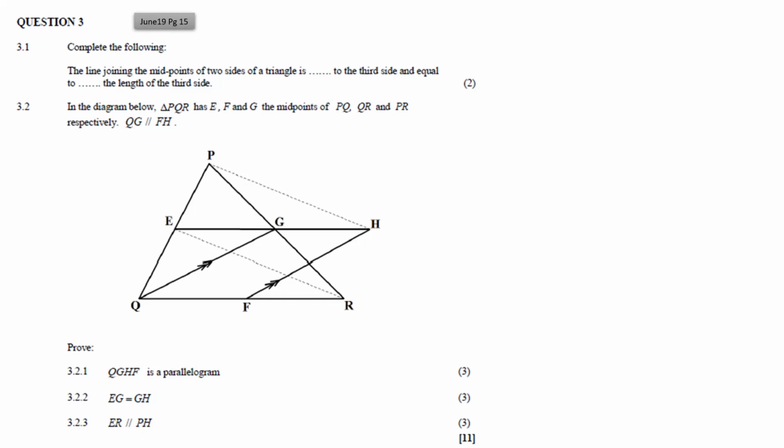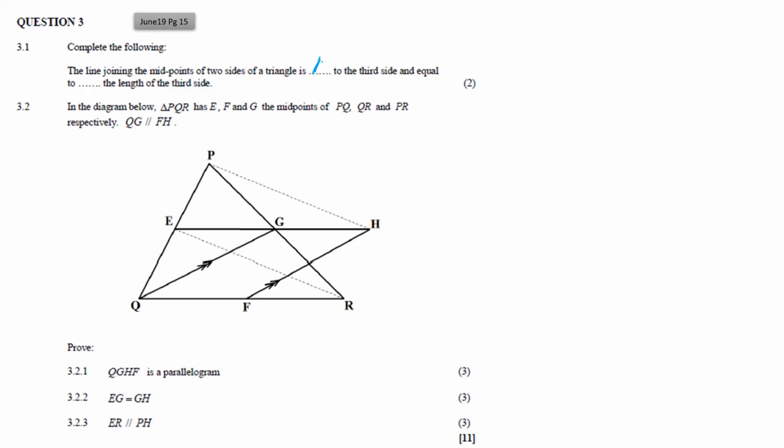All right, I hope you had some time to look at it. So we're going to start from the top. It says the line joining the midpoints of two sides of a triangle is... You must know your statements. If you don't know your statements, in the exam paper they can ask you to complete the statement like what you see. The line joining the midpoints of two sides of a triangle is, anybody knows?